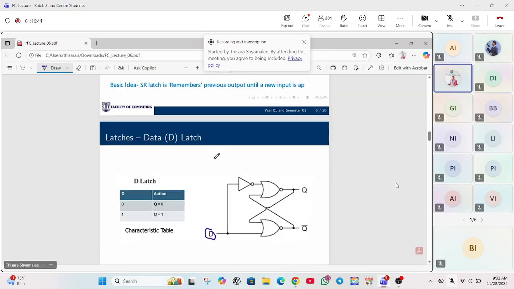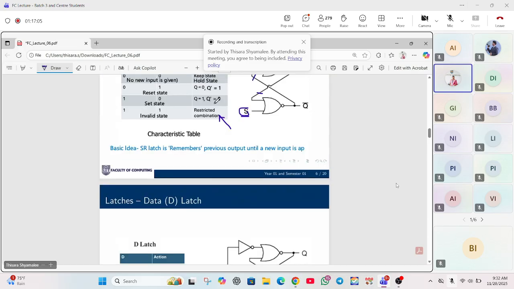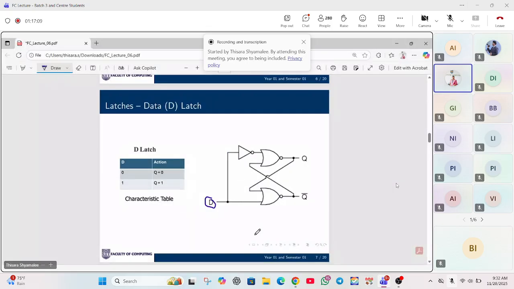So the D latch is designed to eliminate this restricted combination state issue present in the SR latch.